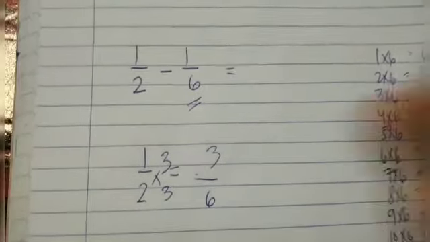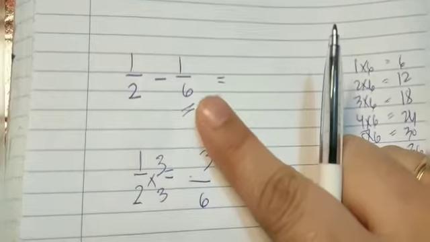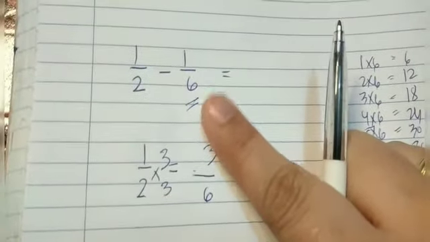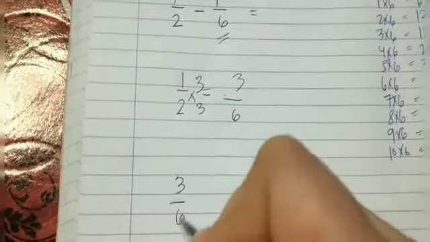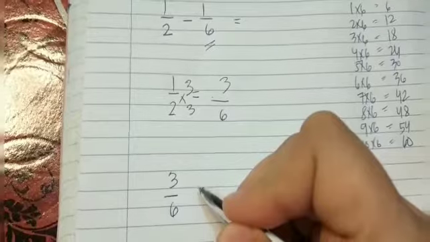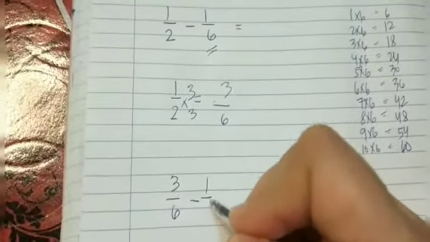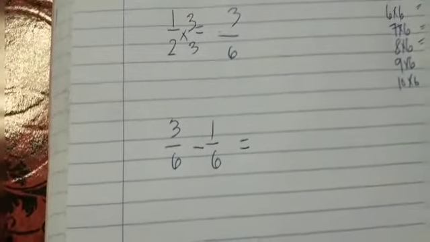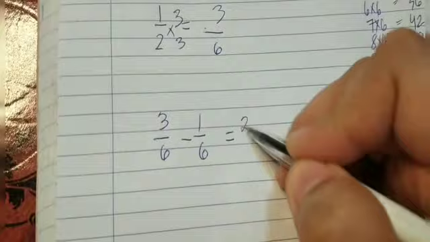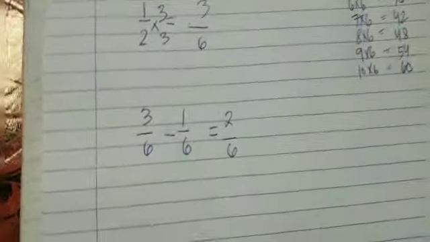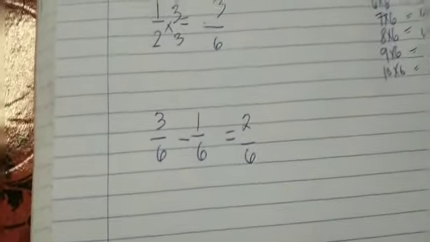Now we don't have to change the 1 over 6 since it's already having a denominator of 6. So now we will rewrite 1/2 with 3 over 6. It becomes 3 over 6 minus 1 over 6. Now, since they are like, you can proceed to subtracting. So 3 minus 1, it will give you 2. Then copy the denominator. That's it.